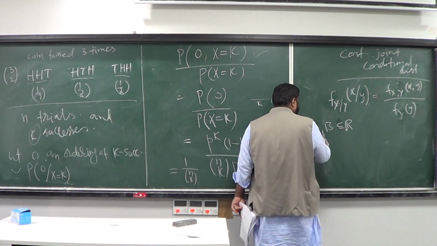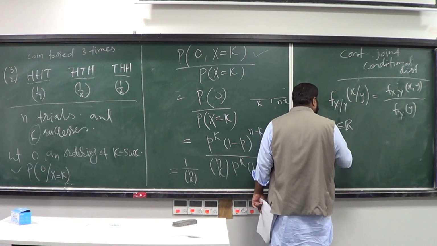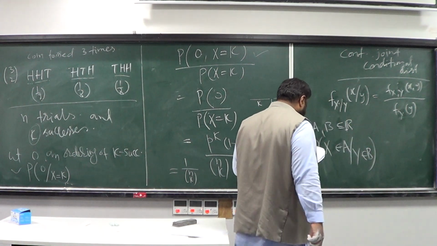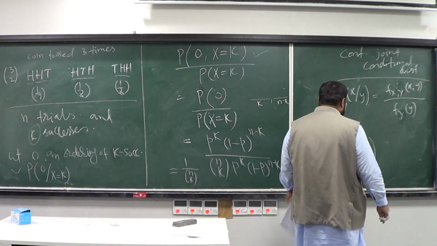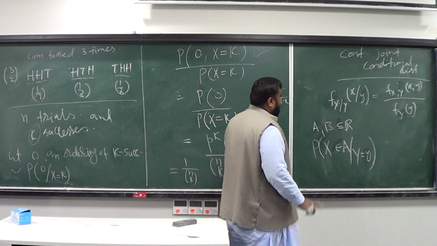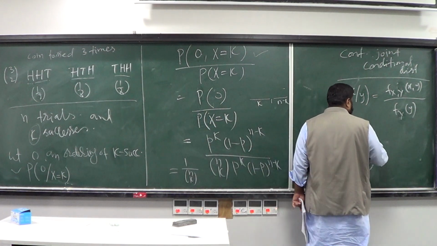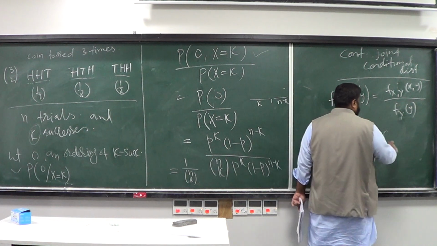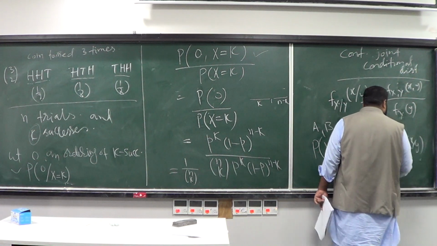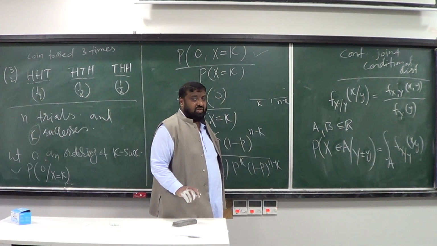Say I'm interested in the probability that X belongs to a set A and Y belongs to a set B. So say Y is equal to a fixed number y, and X is in some set. How can you compute it? You integrate the conditional PDF over the region A.